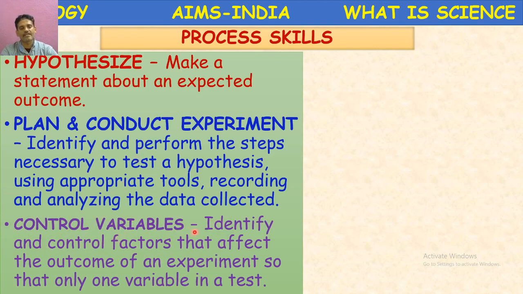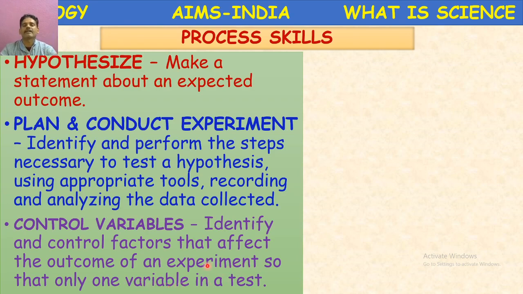Next, control variables. In any experiment, the variables are very, very important. These variables may be single or independent variables. Identify and control factors that affect the outcome of an experiment so that there is only one variable in a test.